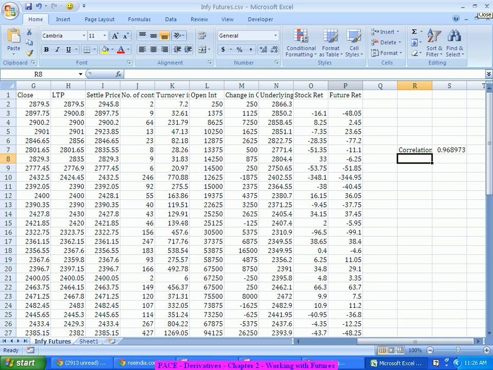Let's say the correlation exists between stock returns and the gold return. If it is positive, close to +1, then either I should buy in the stock market and sell in the gold market, or vice versa. But if their correlation is close to -1, either I buy in both markets or sell in both markets.